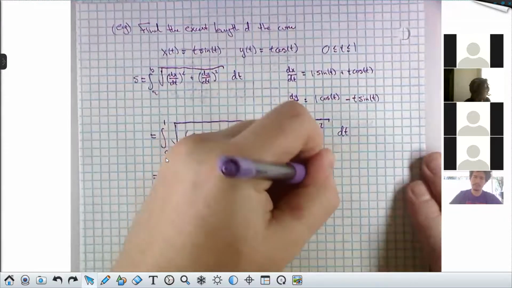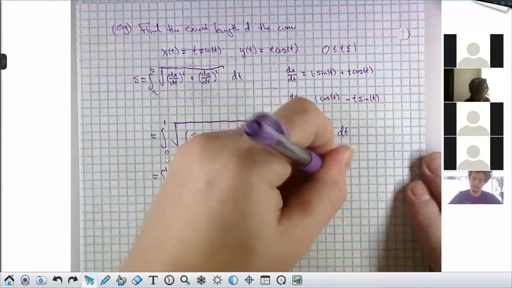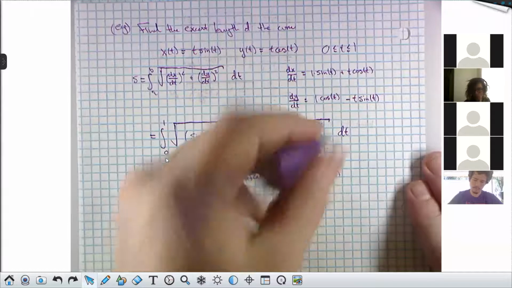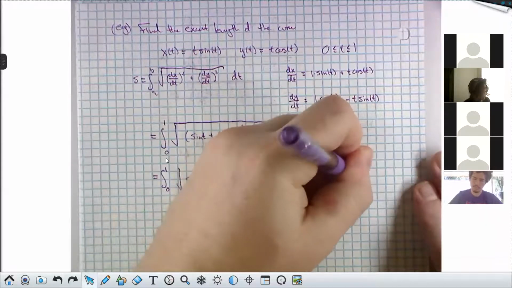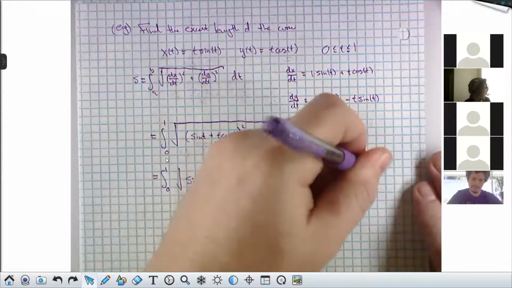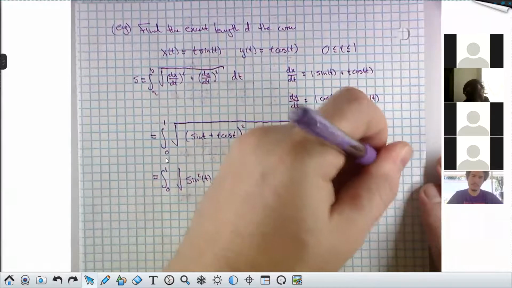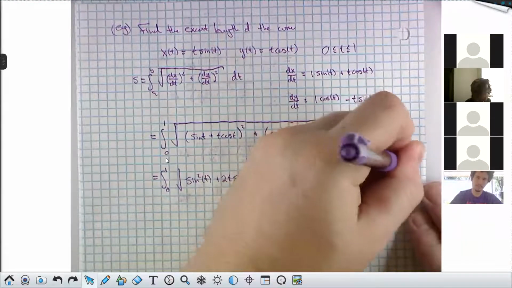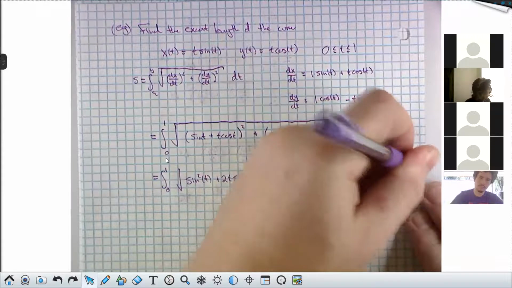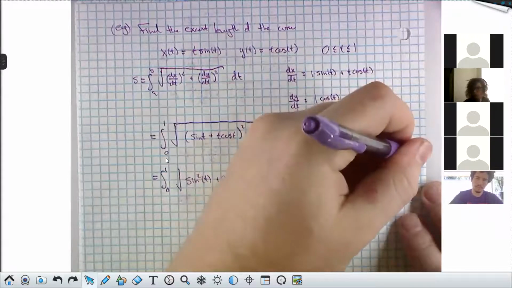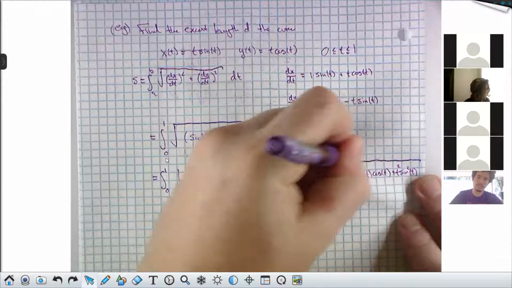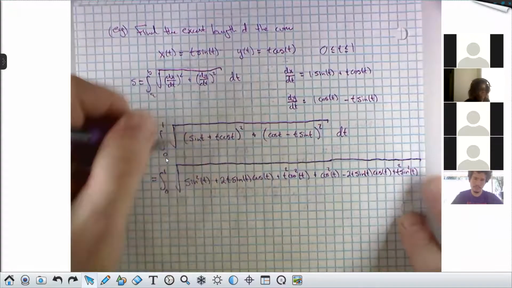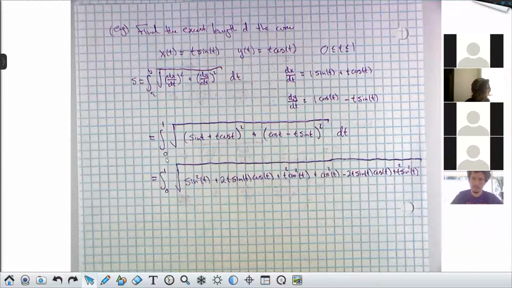And then we'll have plus cos squared t minus 2t cos t sine t, or minus 2t sine t cos t, and then plus t squared sine squared t. It just barely fits. I'm not going to have room for the dt, sorry. But of course, there is a dt at the end here. A little bit messy.